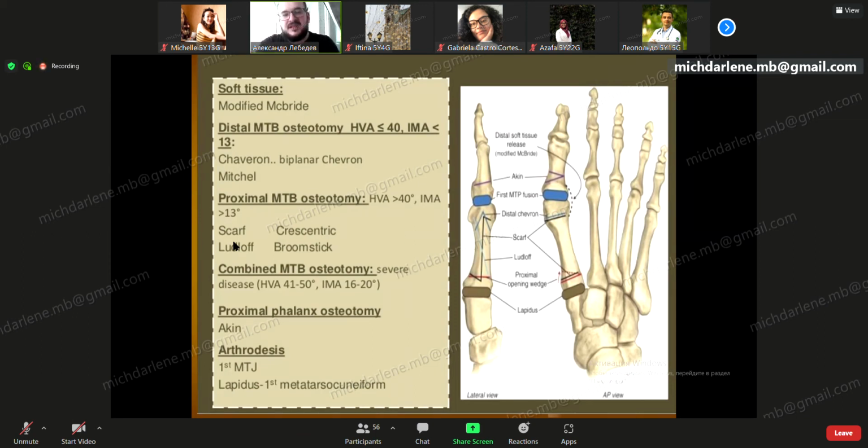And in this lecture, we have many pictures about the different methods of operative foot treatment. But today we try to decide with the chief of my department, my teacher, about the philosophy of our education and what information we must give to our students. I think that you don't need the name of this operation.